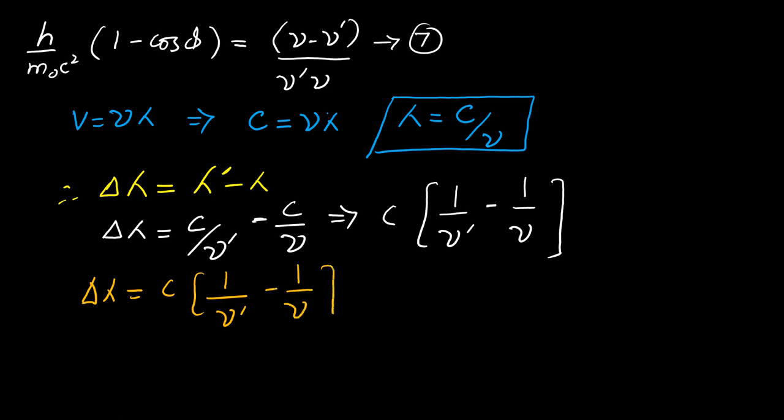So dividing c on both sides, change in wavelength divided by c is equal to 1 over nu prime minus 1 over nu.